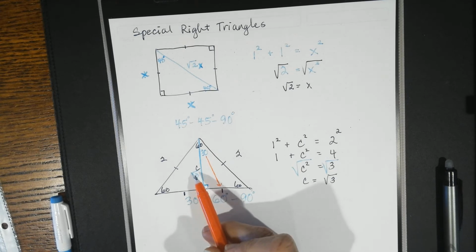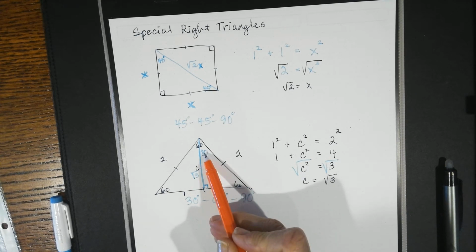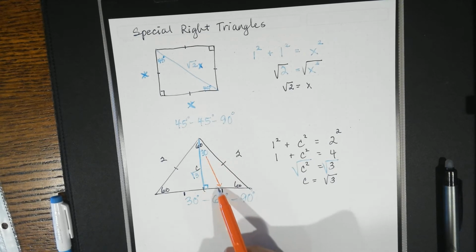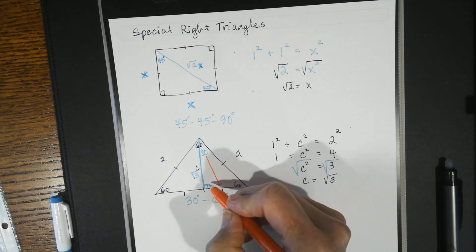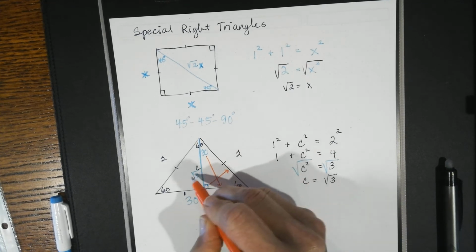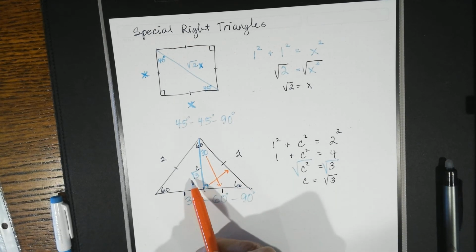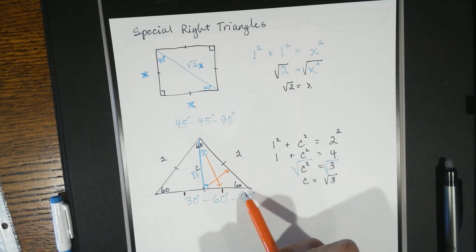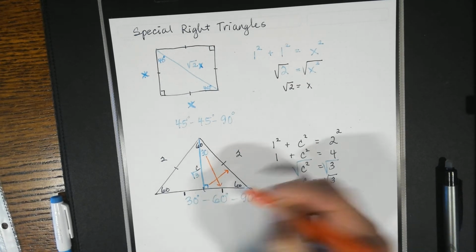If you popped it in your calculator, it's 1.732. So this is my smallest angle, and it's across from the smallest side, 1. This is my biggest angle, and it's across from the biggest side, which is 2. 2 is bigger than root 3. And so since this is 1.7, and it's between 1 and 2, that goes with the angle that's in between 30 and 90.